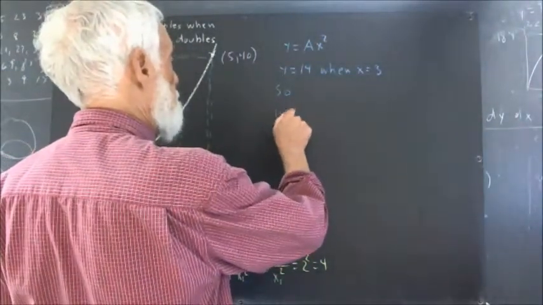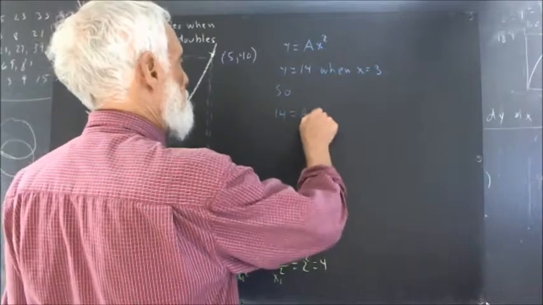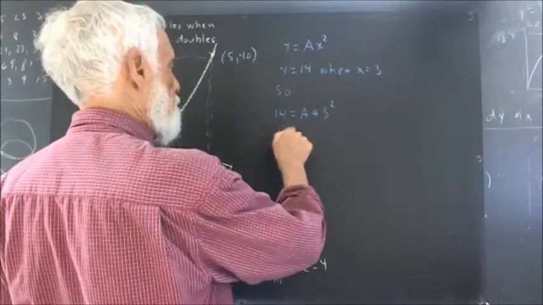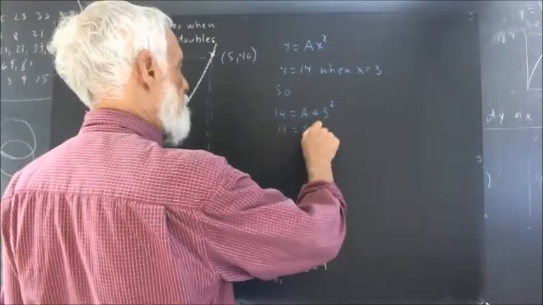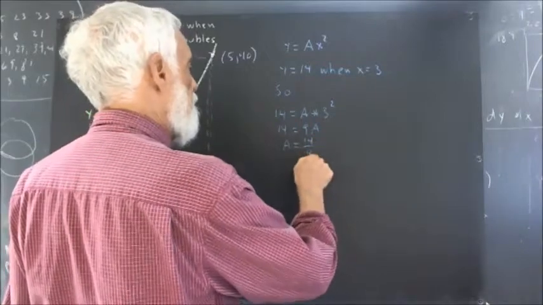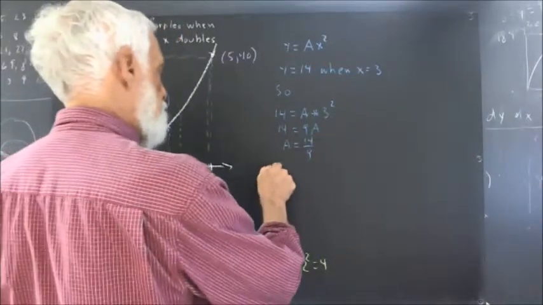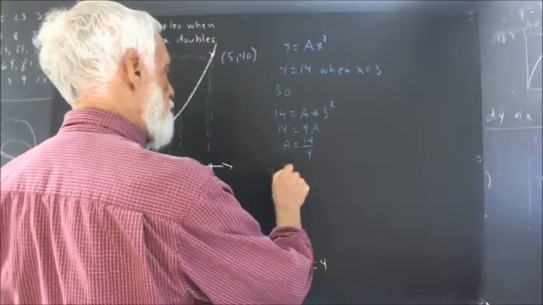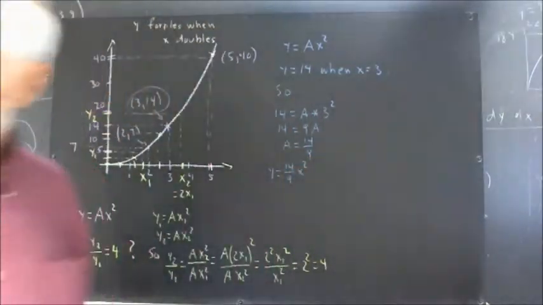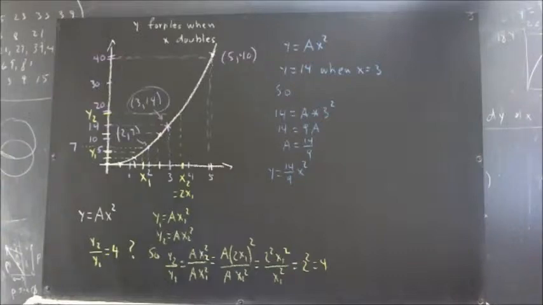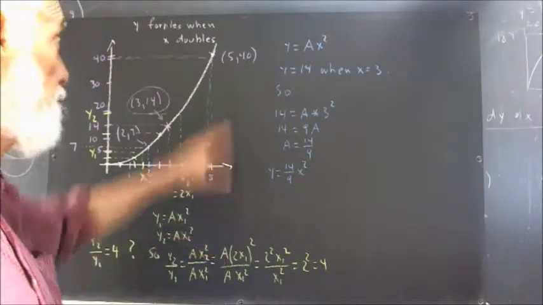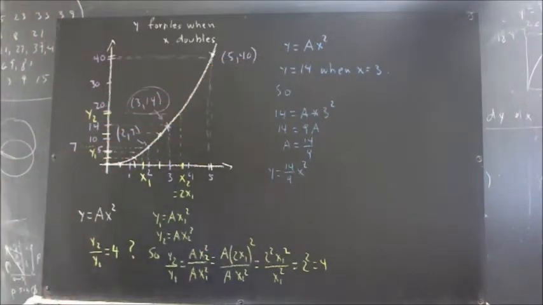We get 14 equals a times 3 squared, which means 14 equals 9a, so that a is 14 ninths. And our function then is y equals 14 ninths x squared. Now we're asked to find the values of y when x is 2 and when x is 5 and compare with our estimates. So let's see.